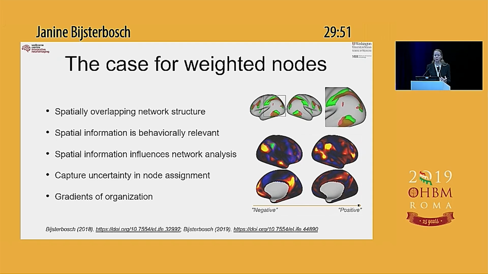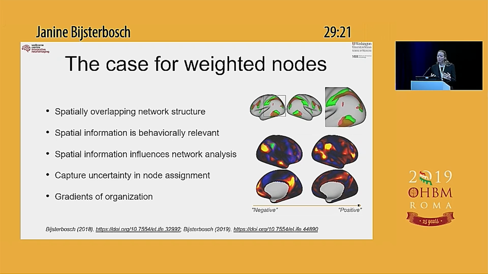We know that there's spatially overlapping network structure, and we know several people have published that spatial information, how the spatial organization varies from one subject to another, is behaviorally relevant. And in fact, we've seen to some degree that if you get the node definition wrong, and if you don't accurately estimate the boundaries within a single subject, then that can influence the rest of your network neuroscience analysis. That's something that I've published on myself.